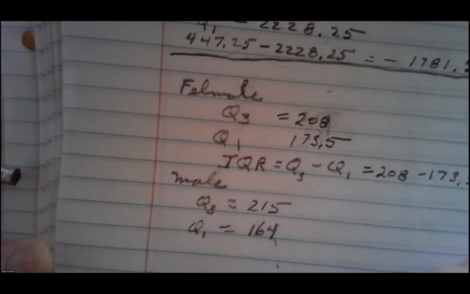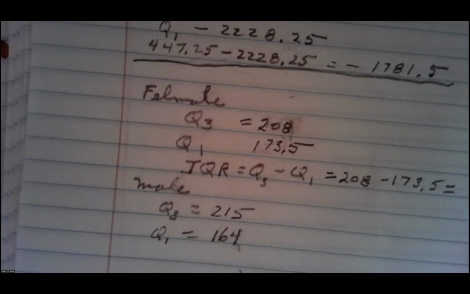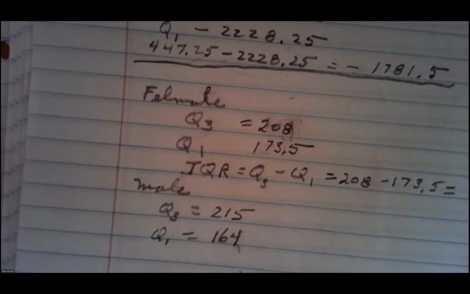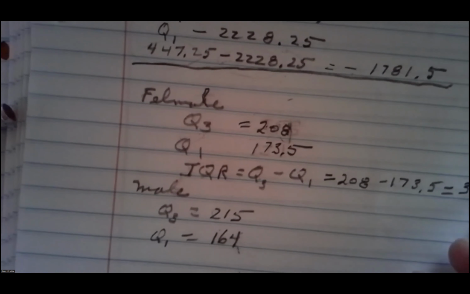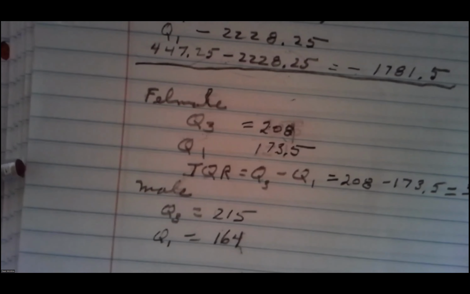And that should equal, on your trusty little calculator here, 208 minus 173.5. That comes out to be 34.5 for the female.